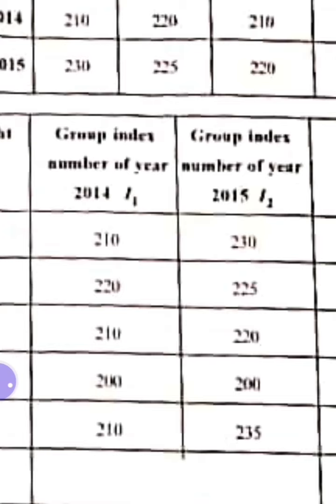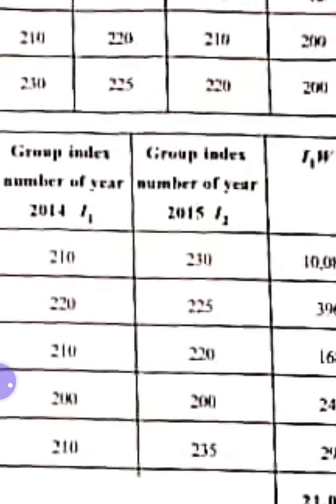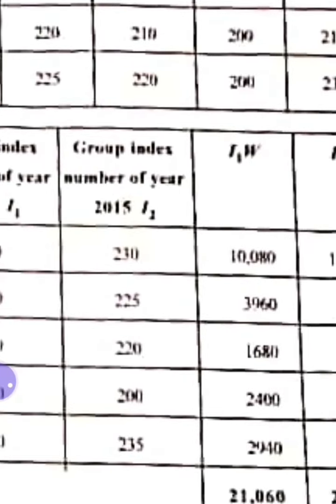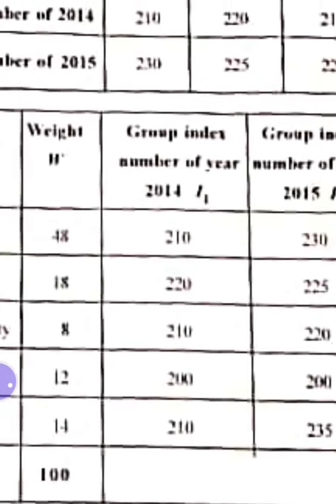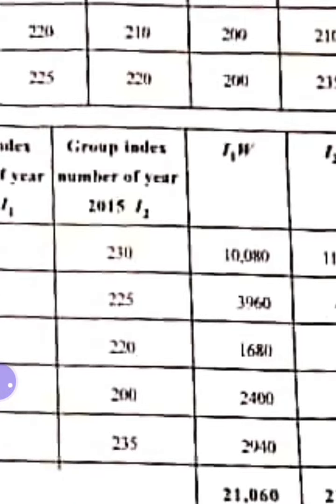Now children, we know that we always find IW. Here we have W, but we have I1 and I2. So our next column would be I1W, where we multiply the column of I1 and the column of W. For food, 48 multiplied by 210 gives 10,080. 18 multiplied by 220 gives 3,960.